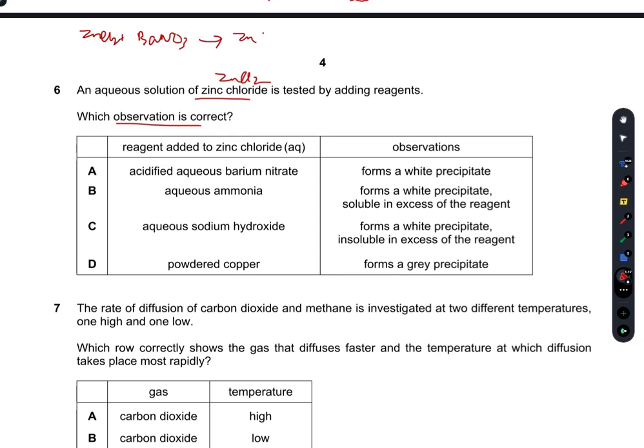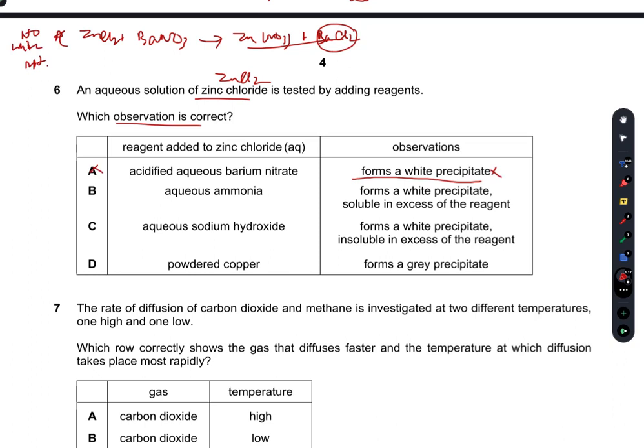So let's check. Zinc nitrate is soluble in water, BaCl2 soluble in water. Is BaCl2 soluble in water? I'm not sure about this one, but I know that in this reaction, no white precipitate is formed.